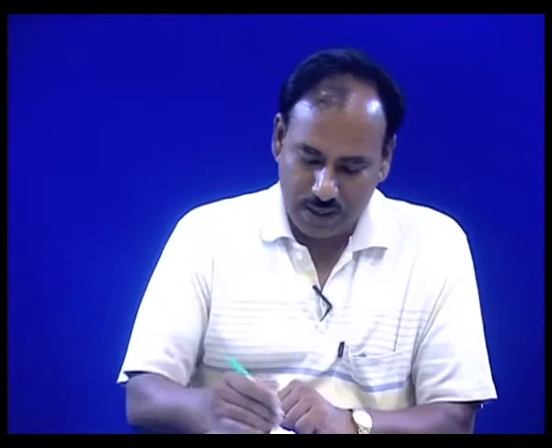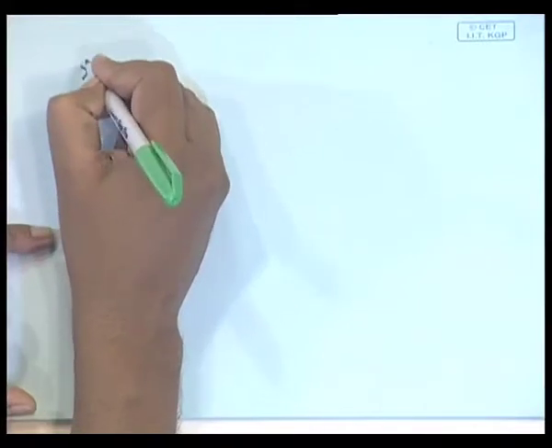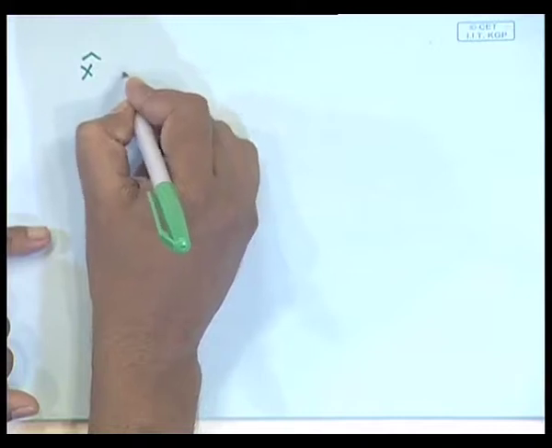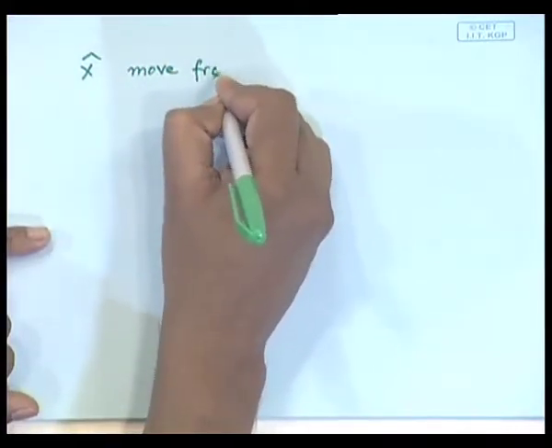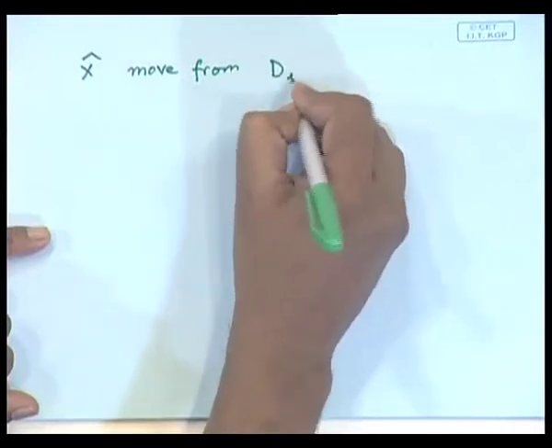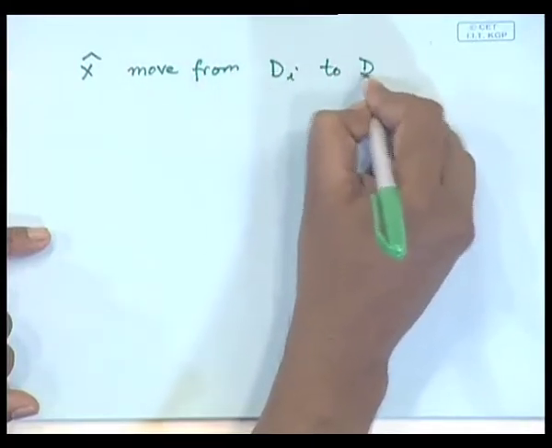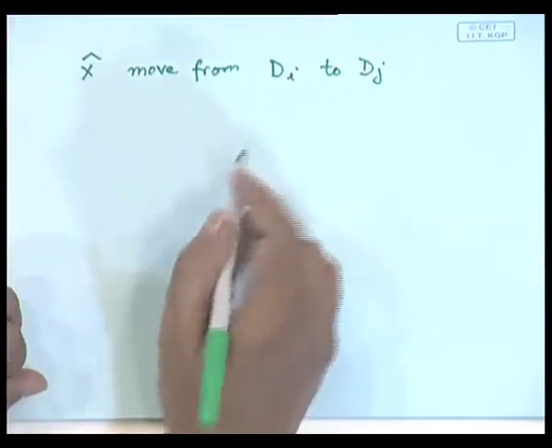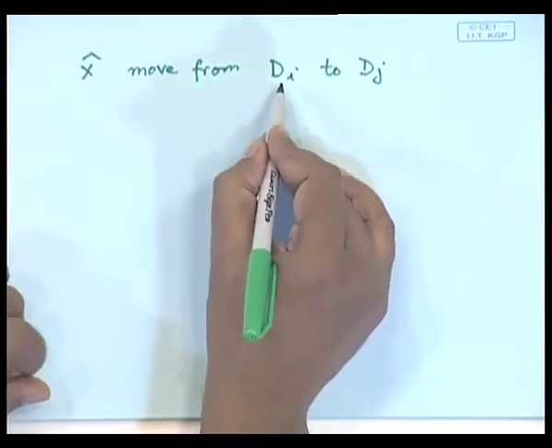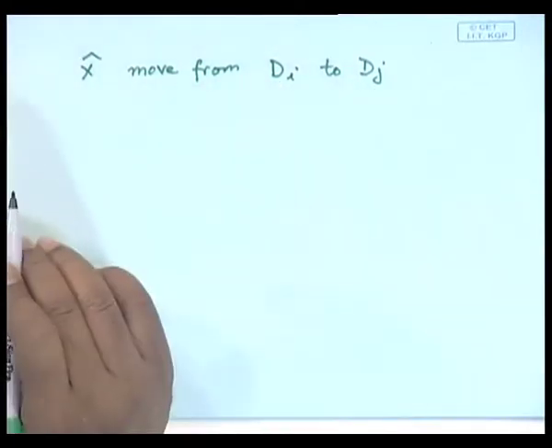Okay. So, I take a feature vector x hat, and try to move it from set D_i to set D_j. You take this feature vector x hat from the ith cluster and try to push it into the jth cluster.